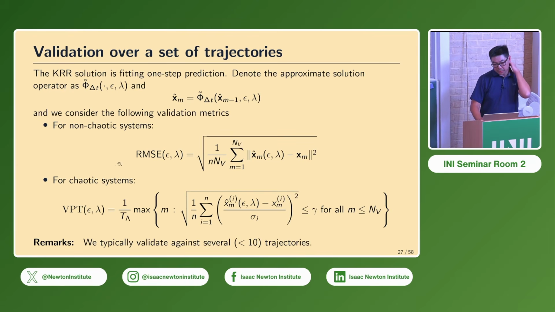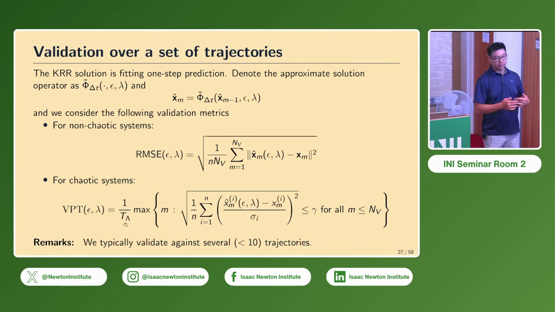Or for a chaotic system, there is another metric called valid prediction time. Basically, it tells you, if I look at the average normalized error, with normalization by the standard deviations in each direction, on the validation data, less than whatever precision you wish, and then you normalize by the Lyapunov time.